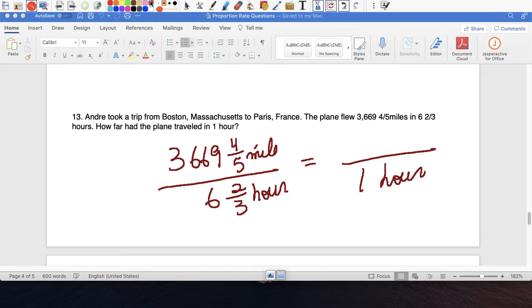We can divide this by 6 2/3. Divide this by 6 2/3. This one's a little bit more. 3,669 4/5. Oh, yeah. Hang on a second.